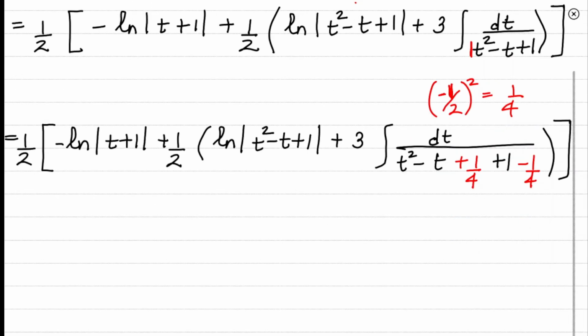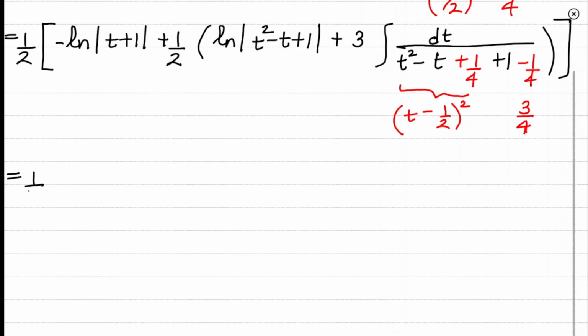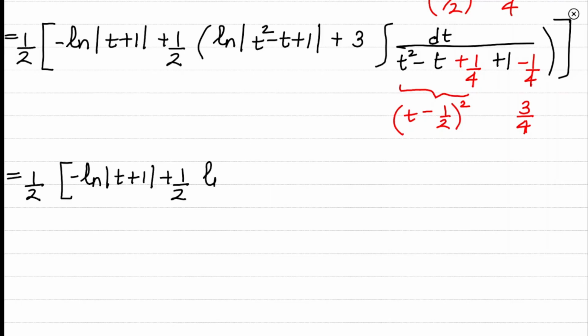Now this first portion, t square minus t plus 1 by 4, is nothing but t minus half the whole square. And this 1 minus 1 by 4 is nothing but 3 by 4. So your whole thing will become: we have half minus ln mod t plus 1, plus half ln mod t square minus t plus 1, plus 3, note that there is a round bracket here.